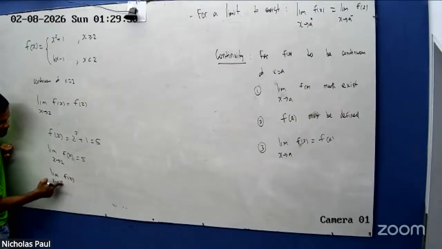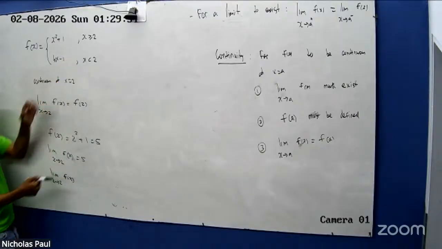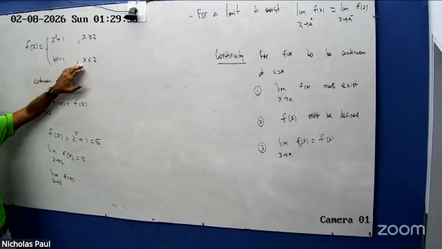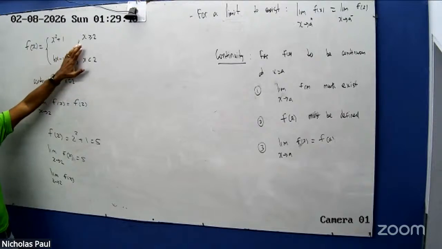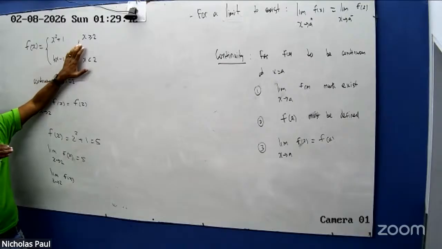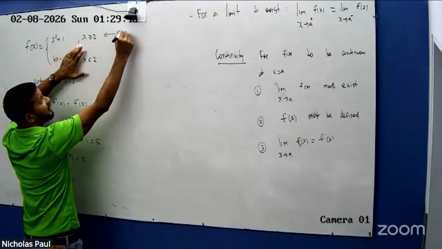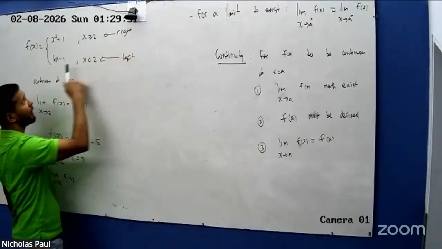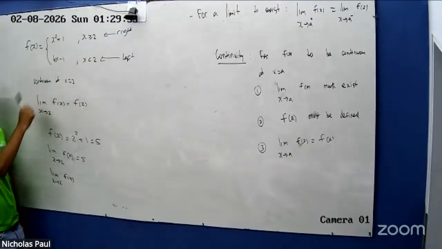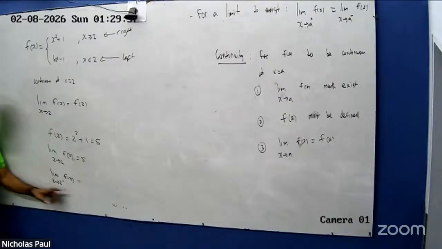Anyway, it doesn't matter. Which one is right and which one is left? More than is right. So this is from the right. We're not too interested in that. We're more interested in the left because we don't know this, right? So if I approach f of x from the left, what is the answer?